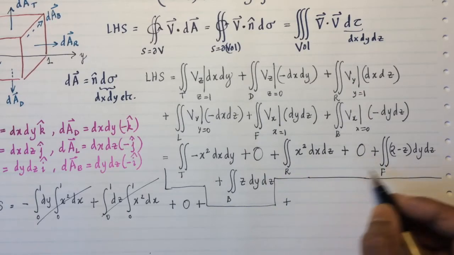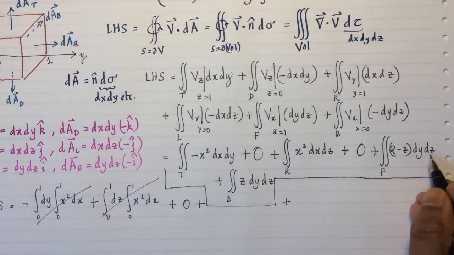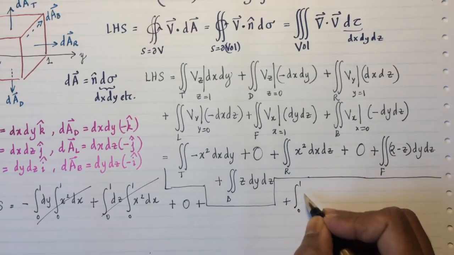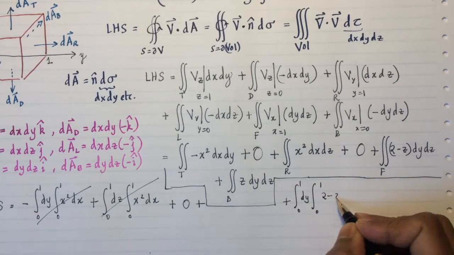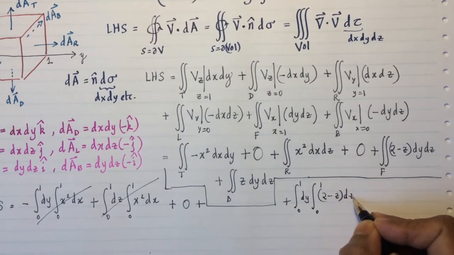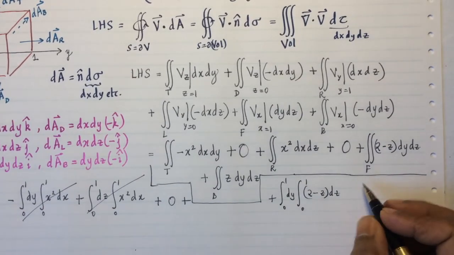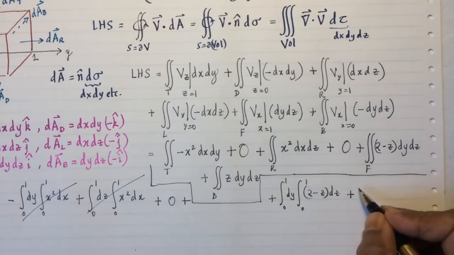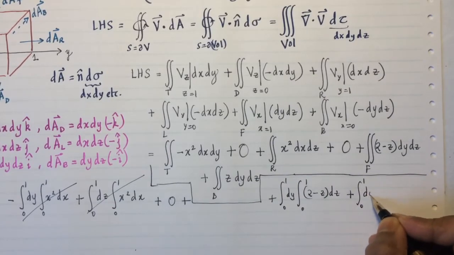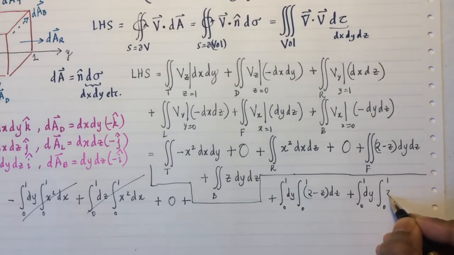And then this here is the integral of dz will interact with this, but dy will not. So I'll write it as the integral 0 to 1 dy times the integral 0 to 1 of 2 minus z dz. Possibly the only non-trivial integral there. And then here I have dy decouples nicely, and I have the integral 0 to 1 of z dz.